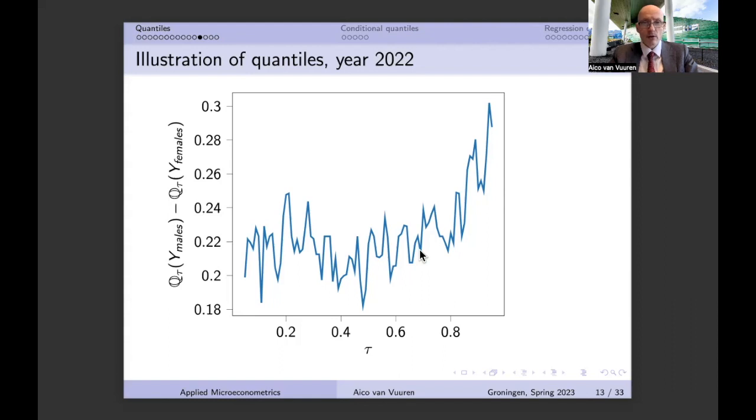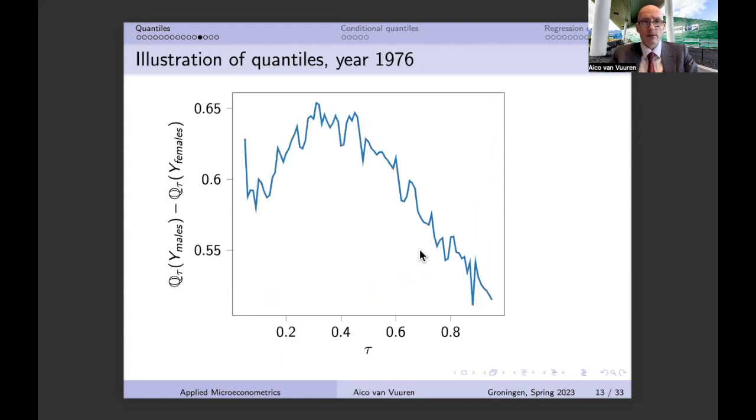For example, if we look at the year 1976, then we see a completely different picture. One thing that we immediately see over here is that the difference between males and females is much larger than in 2022. That's a thing that I'm going to discuss later on.